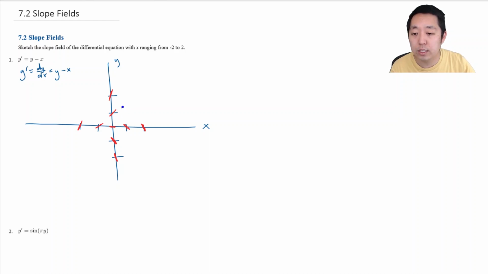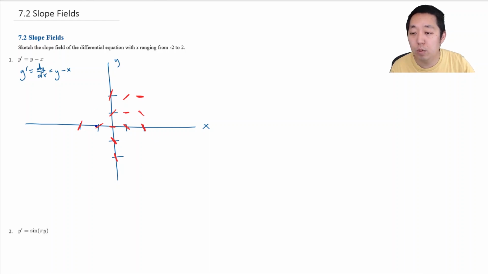And then let's just get the points here. What happens when I'm at 1, 1? That's 0. And at 2, 2, it's 0. At 1, 2, the slope is 1. And at 2, 1, it's 1 minus 2, it's -1, so it's like that.